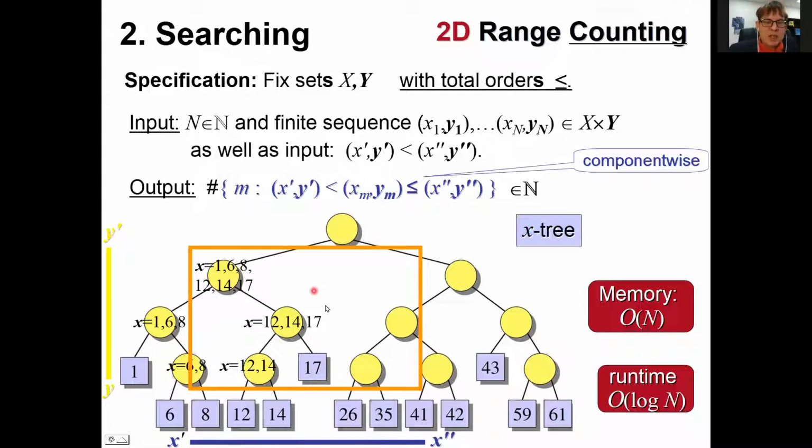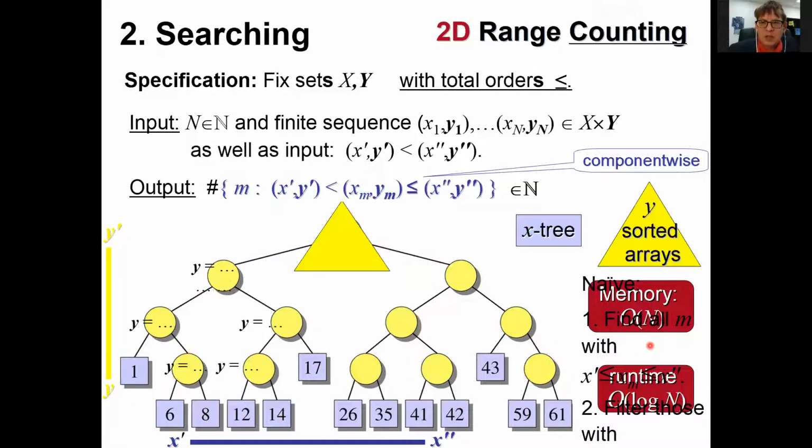In the two-dimensional case, we generalize that and instead store in each internal node an array of all the elements in the subtree. Now this array is sorted with respect to the y-coordinates. So the naive algorithm is first find all indices satisfying the x condition and then filter those with the y condition, but that is not a sublinear time algorithm.